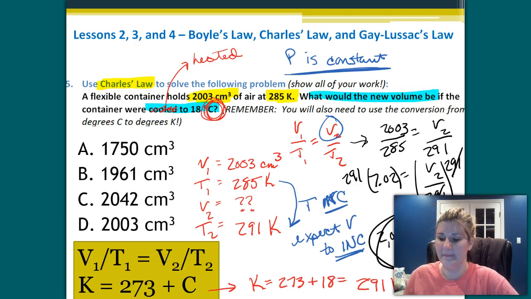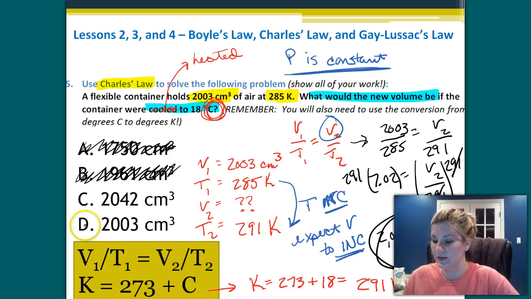So be careful of that. Now, I did this whole thing hypothesizing, and I never eliminated some answers. So if we expected V to increase from 2003, that means we would eliminate option A. It's less than 2003. We'd eliminate option B because it's less than 2003.